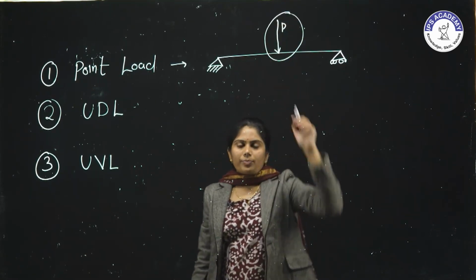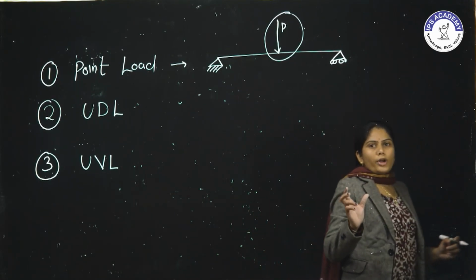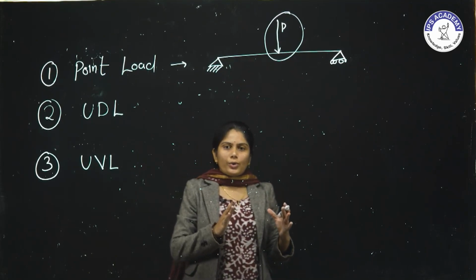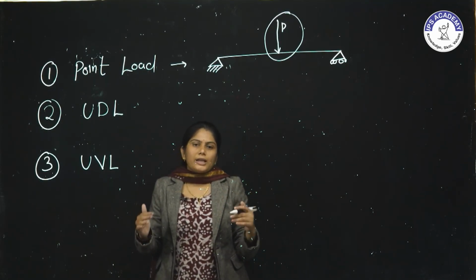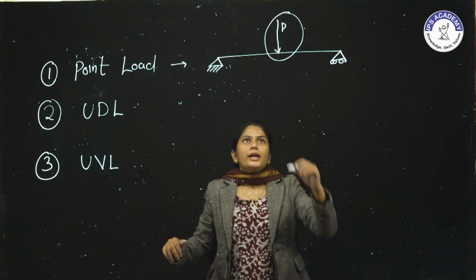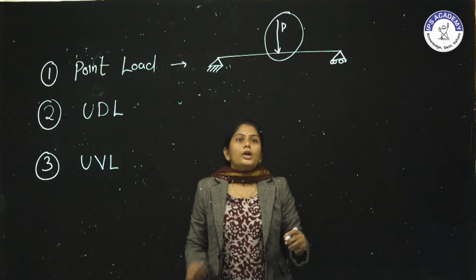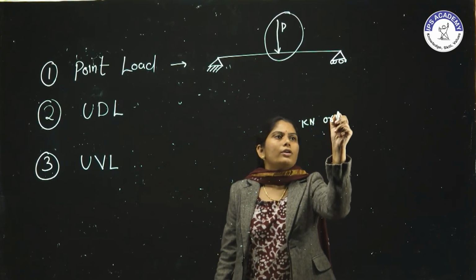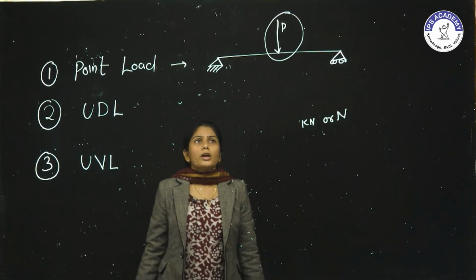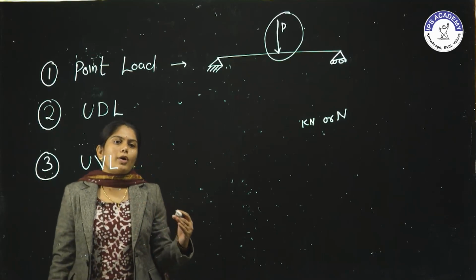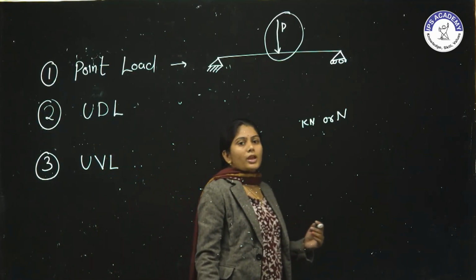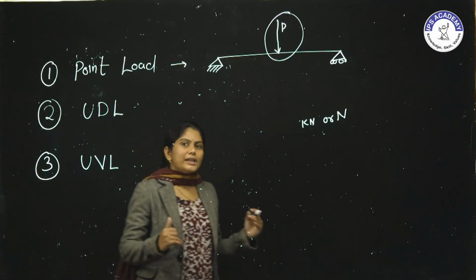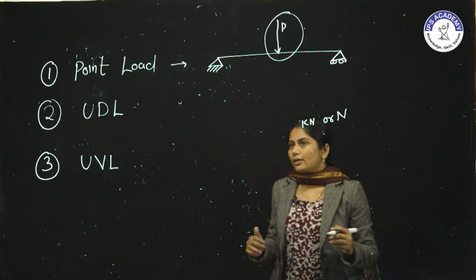This is the point load. When the length of the load is very small over the length, that is known as point load. For example, a person standing on a beam is known as point load. Unit of point load is kilonewton or Newton. Now UDL, uniformly distributed load. The intensity of load remains constant over the length. It is known as UDL.